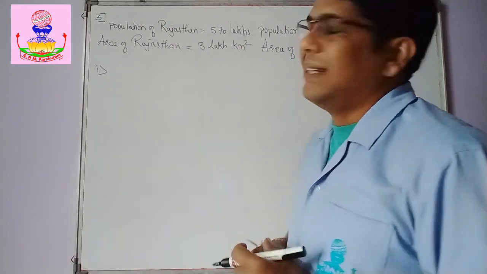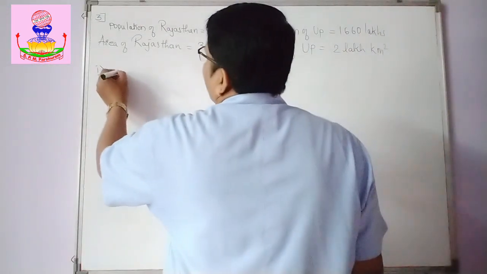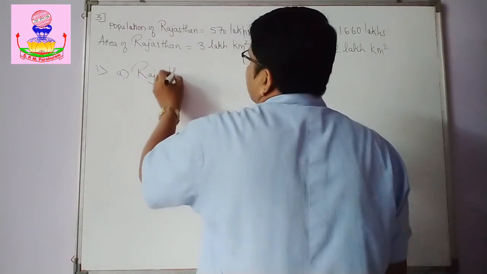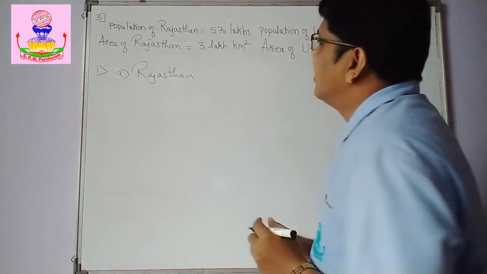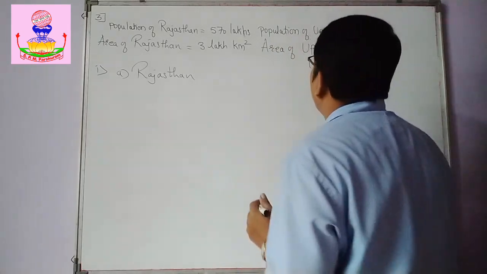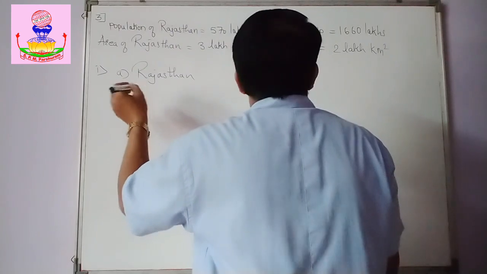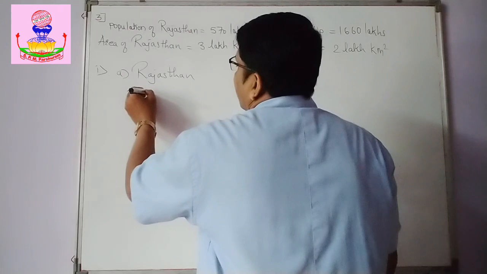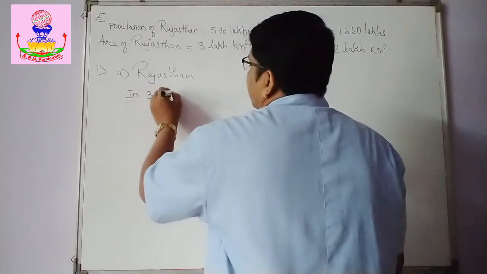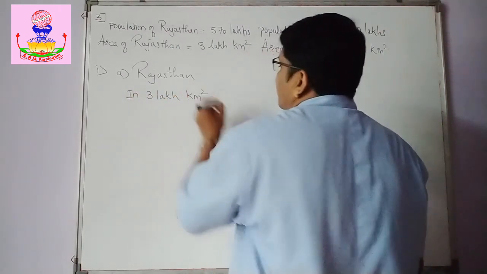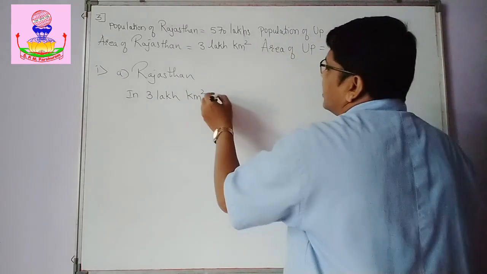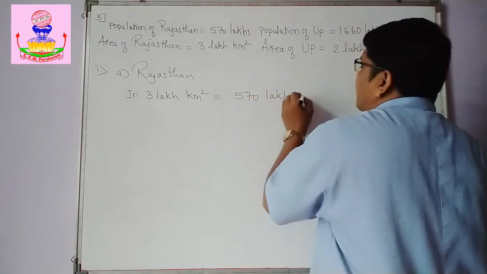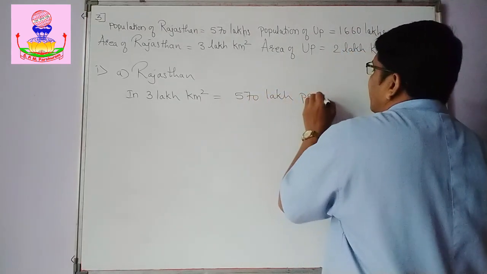Okay, so first we will go for Rajasthan. So A, Rajasthan. Now, in 3 lakh kilometer square, how much is the population? 570 lakh people.